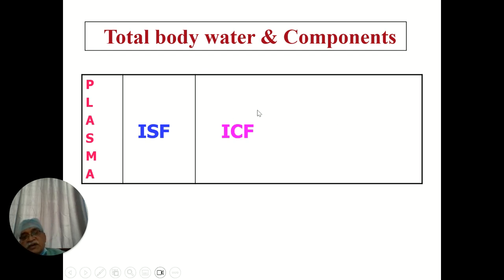The major portion of the fluid is in the intracellular compartment. In a male patient, 60% of body weight is water. Out of that, two-thirds is in the intracellular space, and one-third is in the extracellular space. Out of that, 5% is in the plasma. The remainder is interstitial, in between the cells.